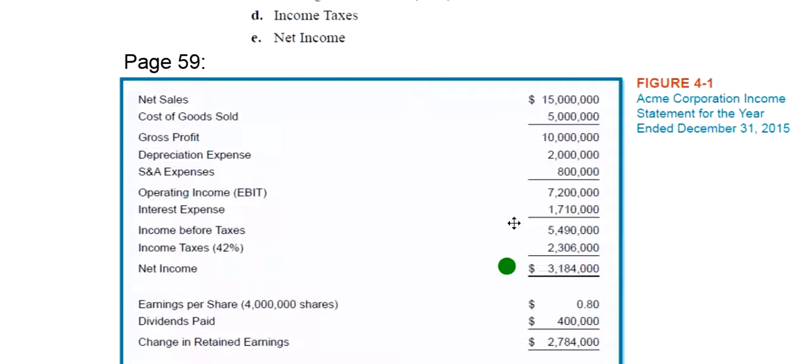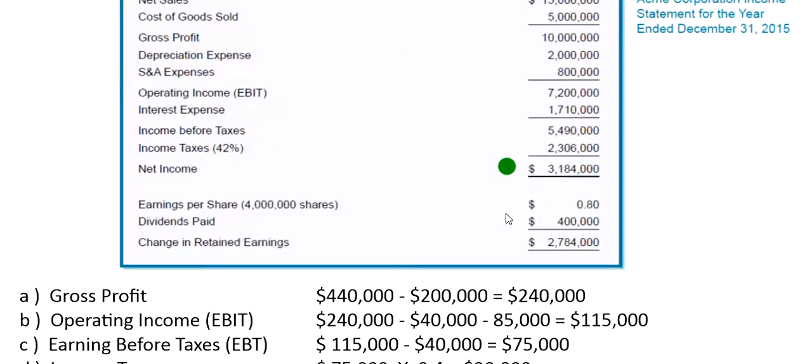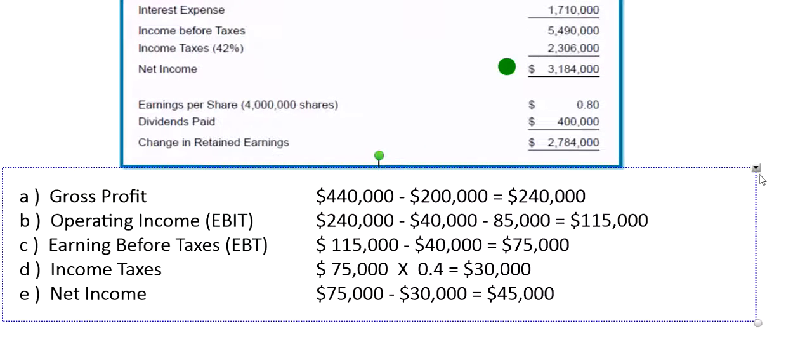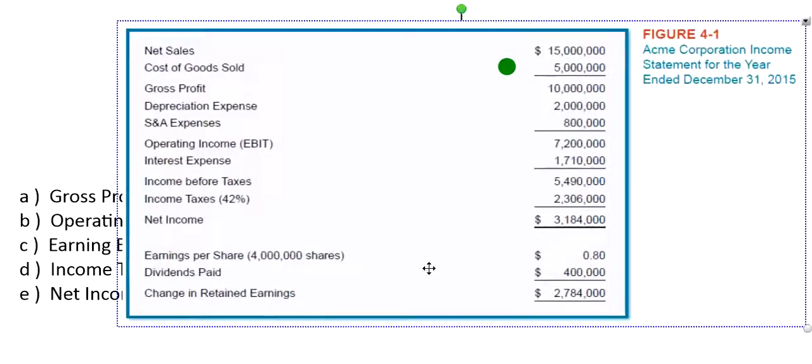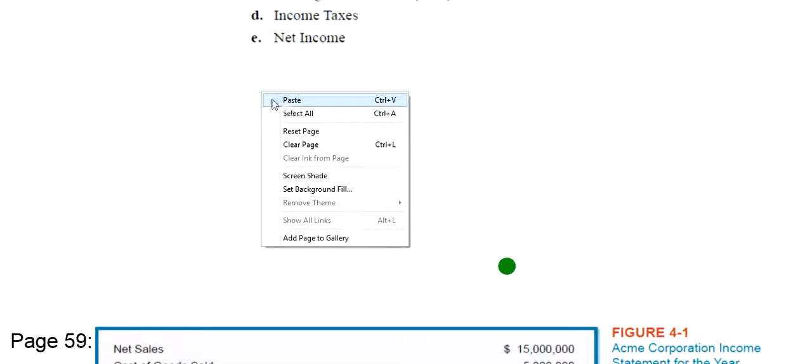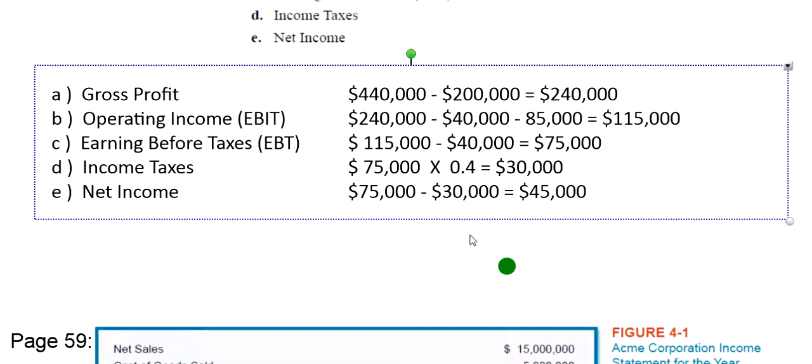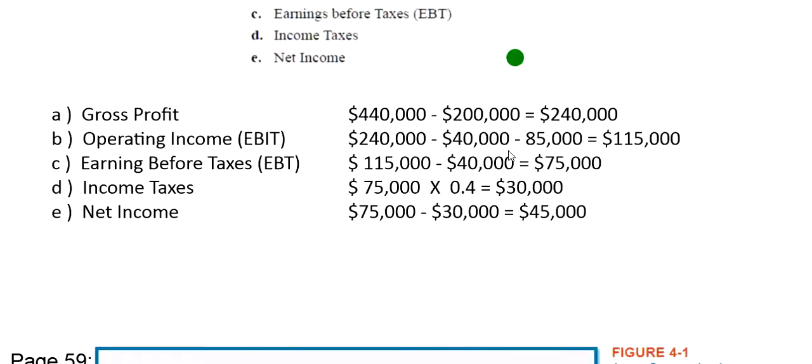So in order to do our problem, I'm going to copy this, scoot this down, get that out of the way, put that right here, and let's run through this.